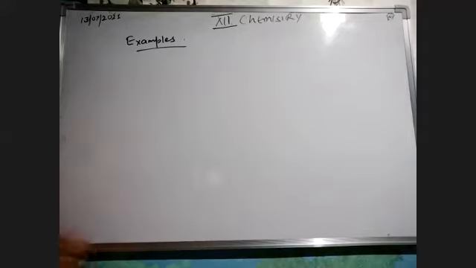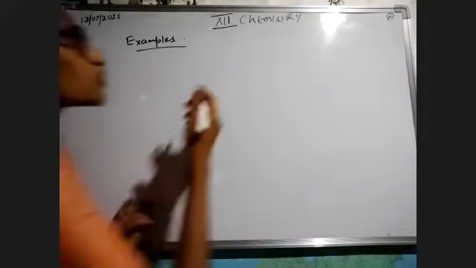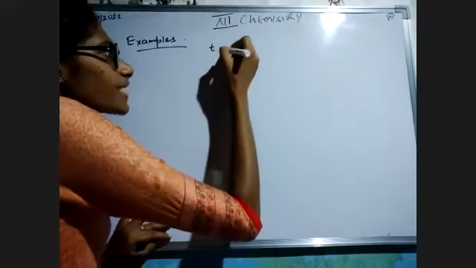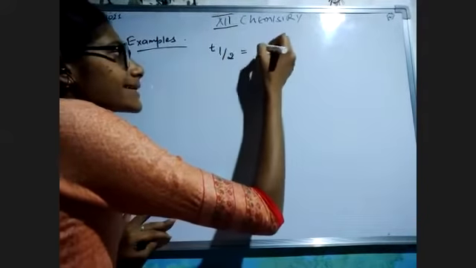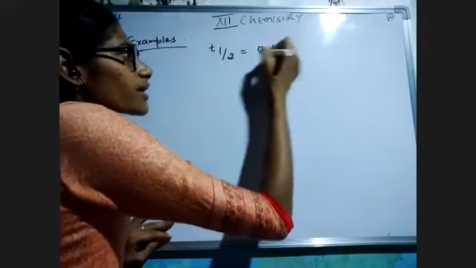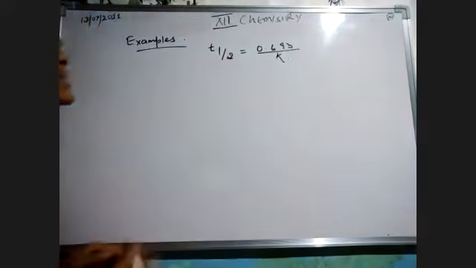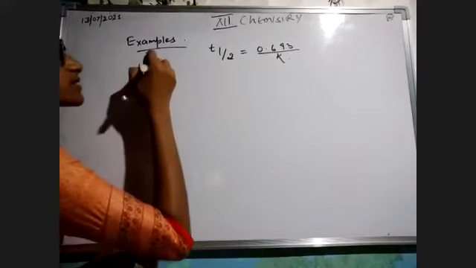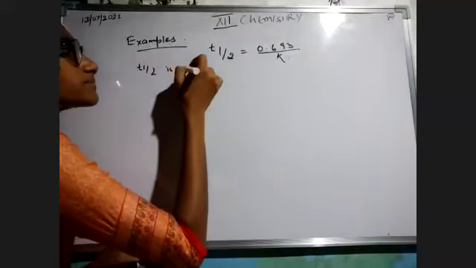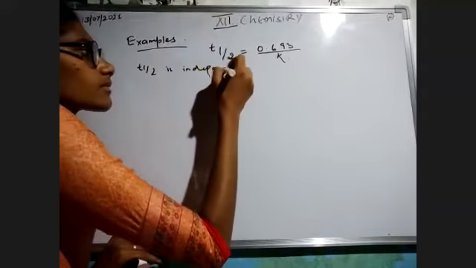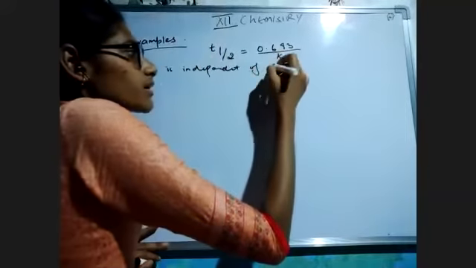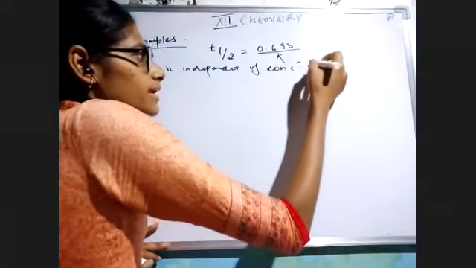Okay, let's start. First of all, as we know, in our previous class, we completed that T half for first order kinetics is found to be 0.693 upon K. That means my T half is independent of the concentration of the reactant, right?